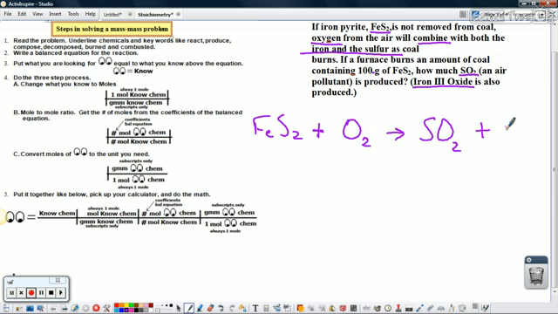And remember, I will never ask you to predict more than 2 products. Some of you predicted more than 2 products on your test, but I will never ask you to do that unless I tell you everything that is produced.